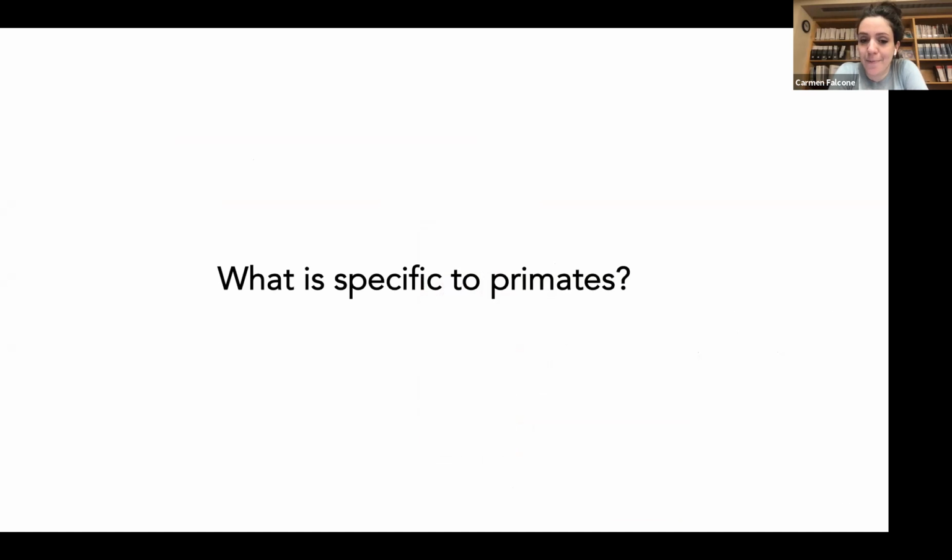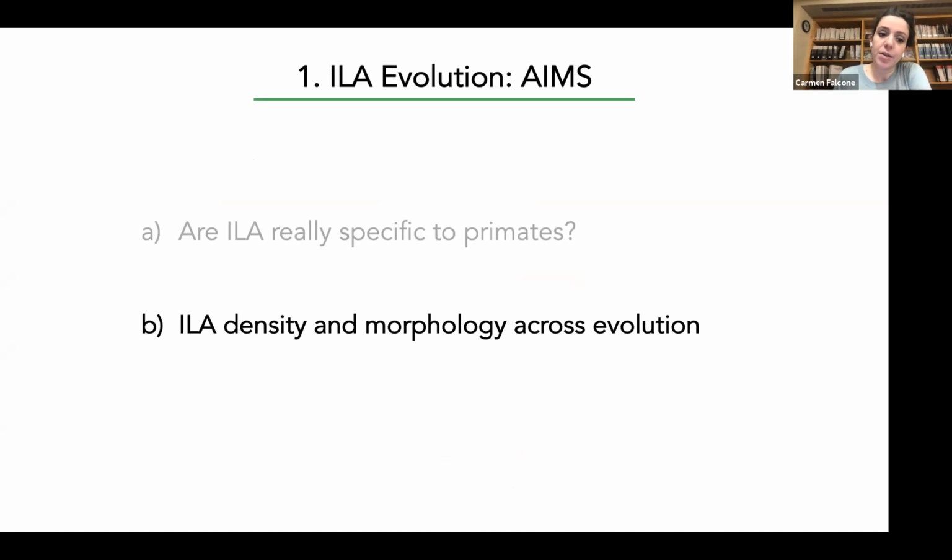Why have they been studied so much in primates with respect to other orders? Is there something special in primates? So we wanted to look at their density and morphology across evolution. We used the very same species that we used to investigate their presence.